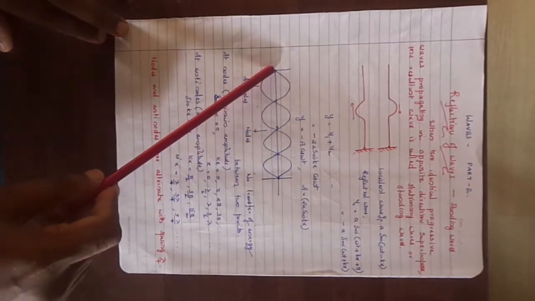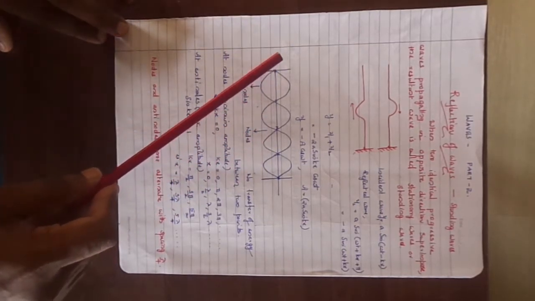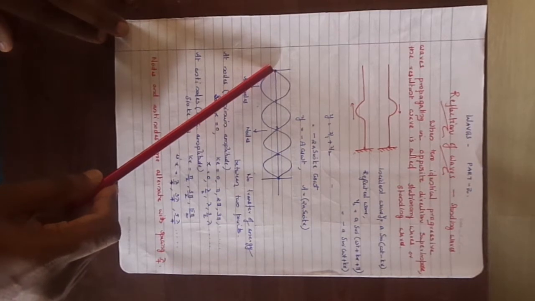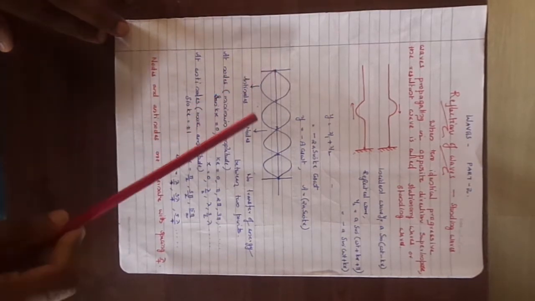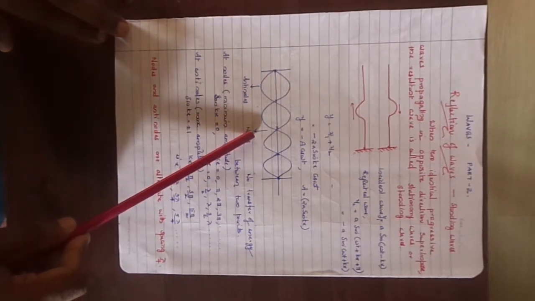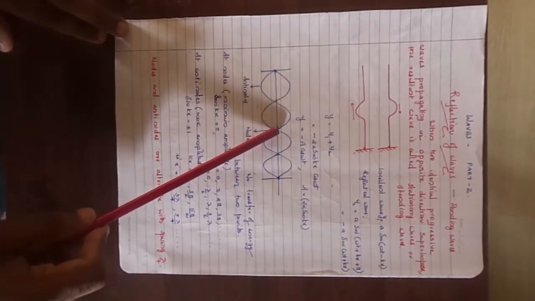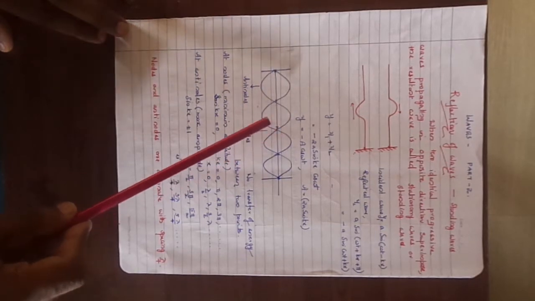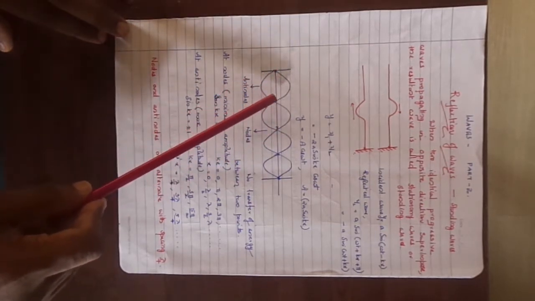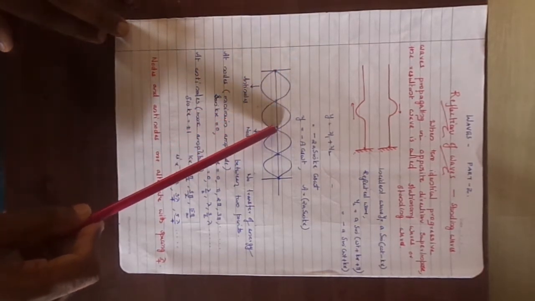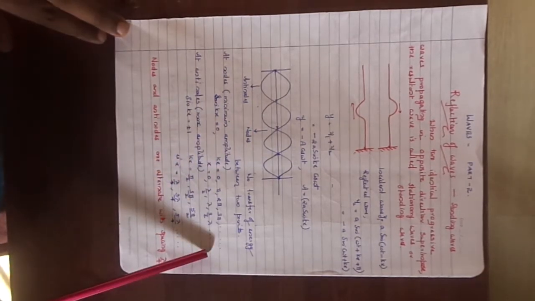The points with minimum displacement, maximum strain, and maximum pressure, we call nodes. And look at the location of nodes at the positions x = 0, λ/2, λ.